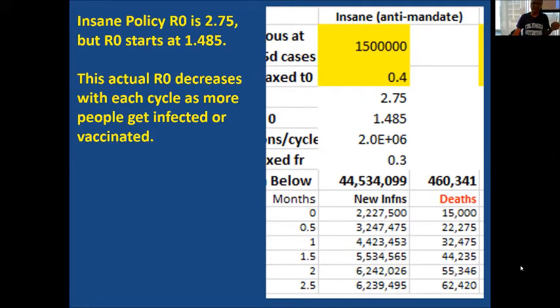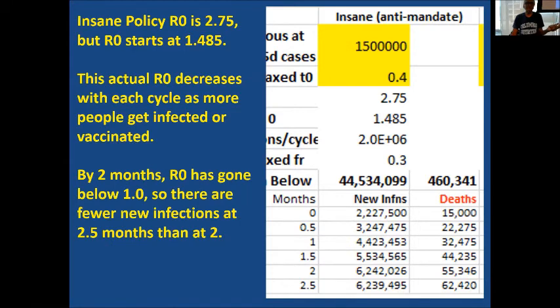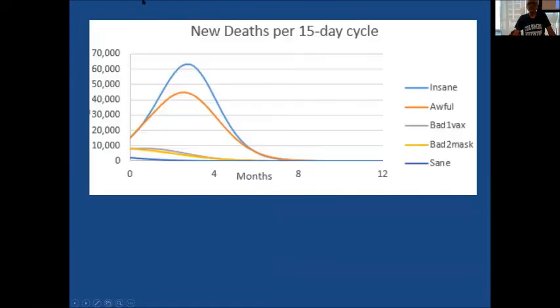The infections in the next cycle is slightly below, actually, the previous one, right? Instead of 6.242, you now have 6.239. And that's the effect of more people getting infected or vaccinated. And that's the concept of herd immunity. And so this is the reason the curves start to go down.